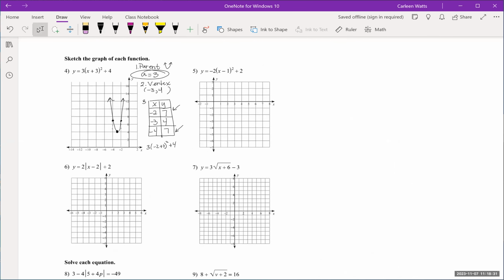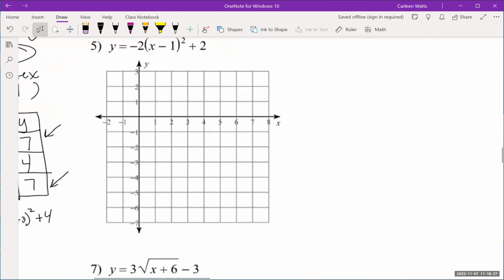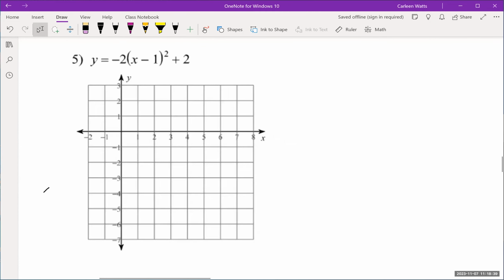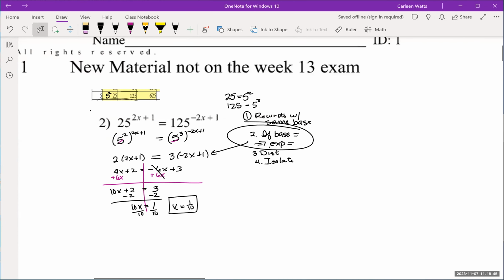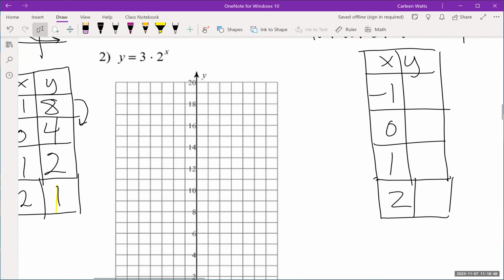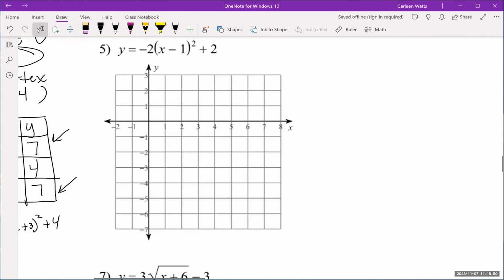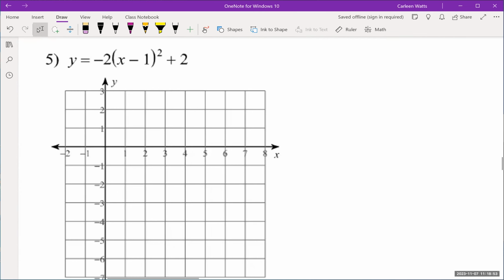Okay, requests, or you just want to do the rest on your own? Okay. Parent graph. This is a U, but what's different about this U? A is -2.